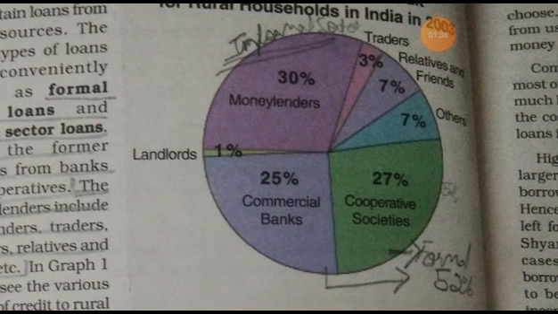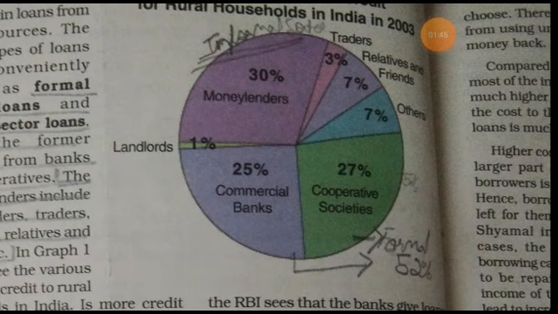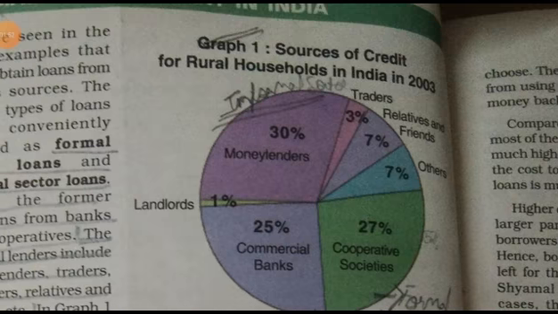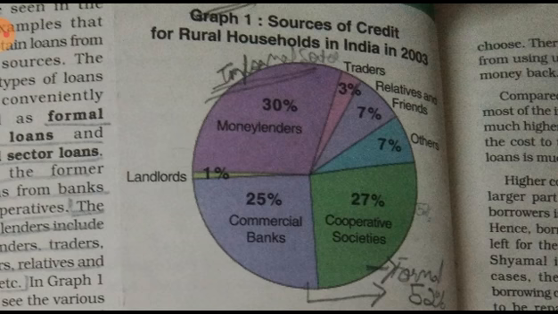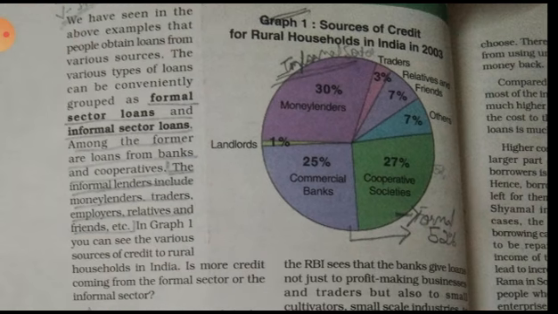Moneylenders are 30%, traders 3%, relatives and friends 7%, other 7%, and landlords 1%. These are the informal credit sources. The formal credit sources are cooperative societies and commercial banks.